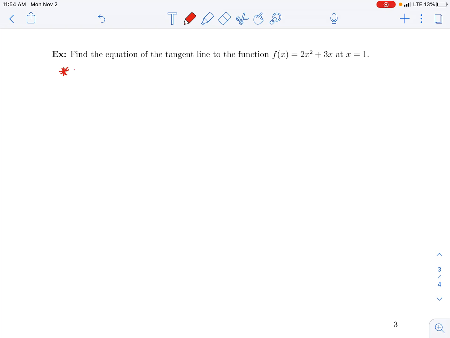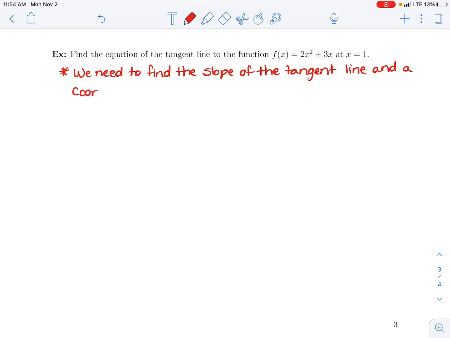So what we need to do is find the slope of the tangent line and a point on the tangent line to write an equation.